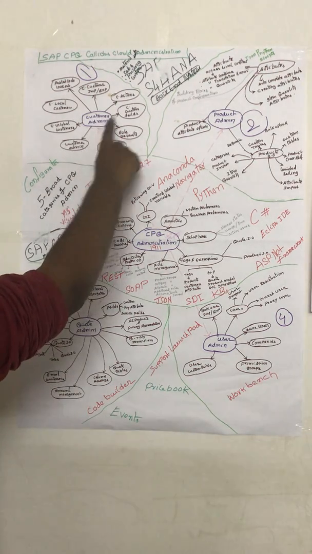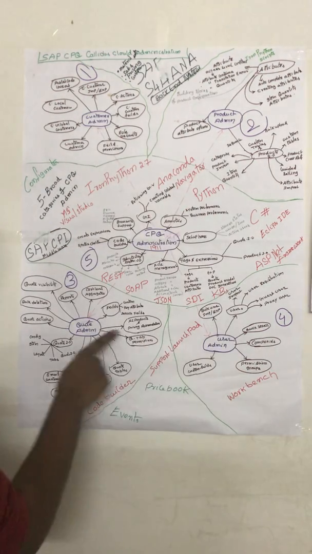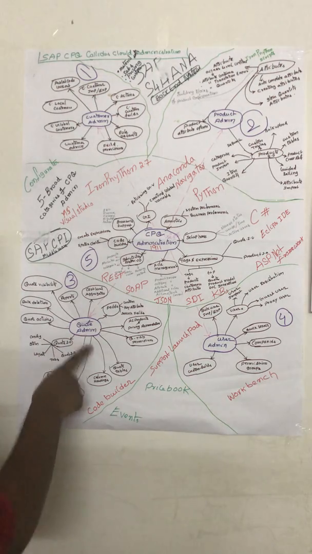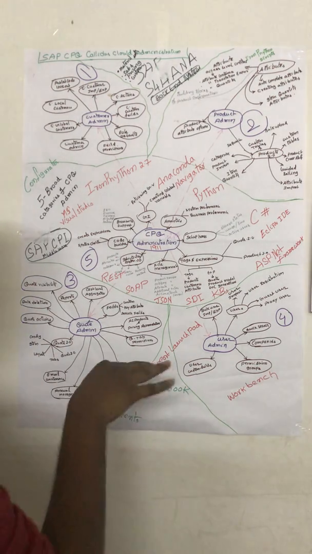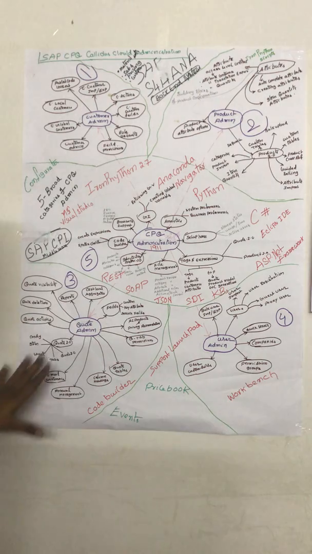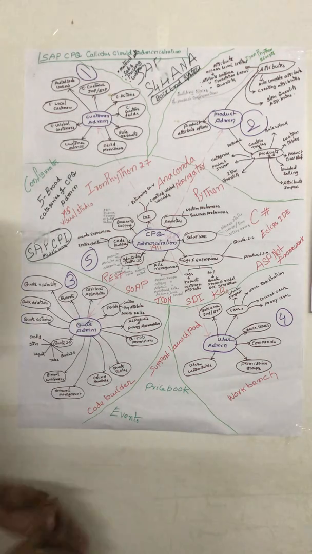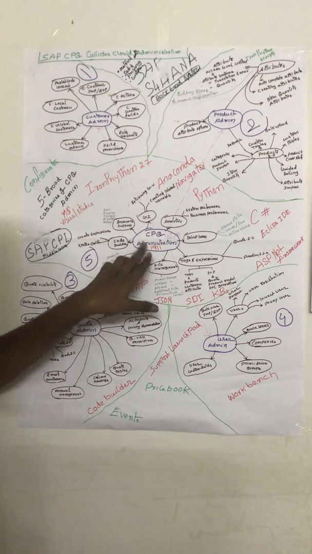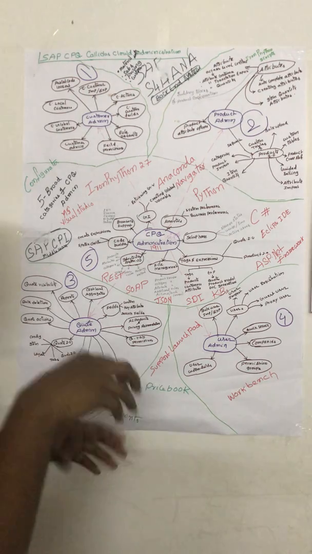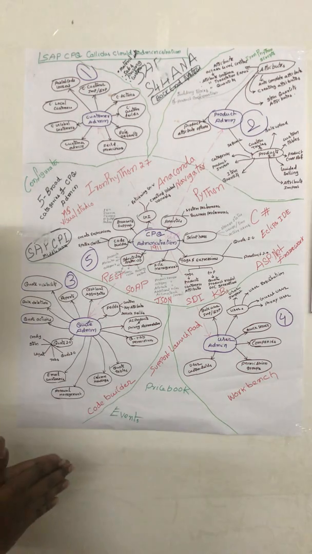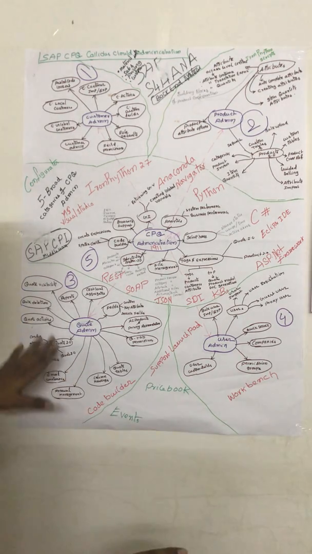Four things: customer admin, product admin, user admin, and code admin. Before going into detail on these topics, first of all you should understand what CPQ administration is and what happens in it.